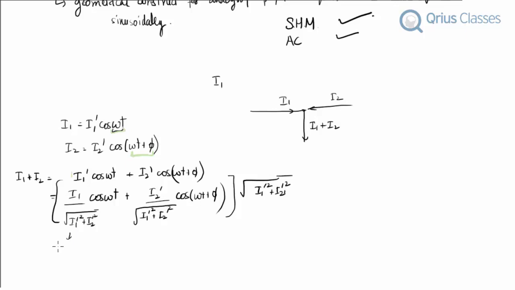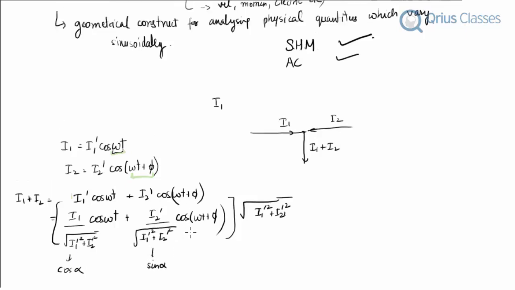Suppose I say this is my sine phi, or let us try to say in terms of cos itself, this is my cos of alpha, then this directly becomes sine of alpha by direct trigonometry, so we are not going into that.